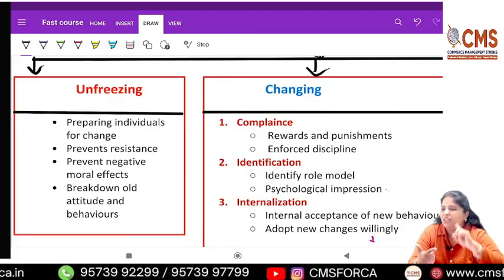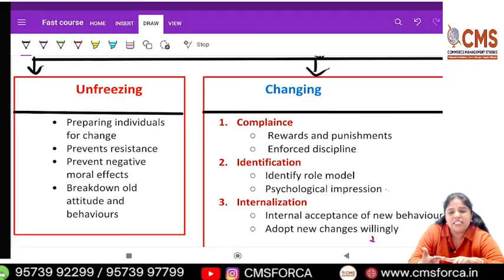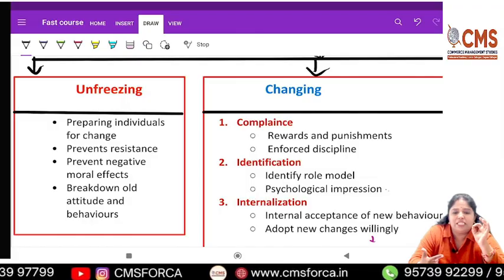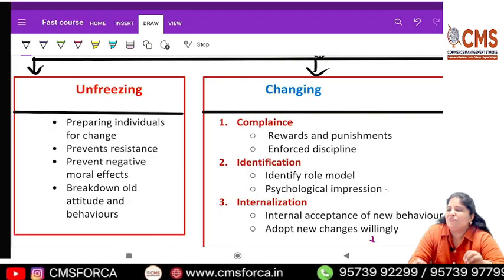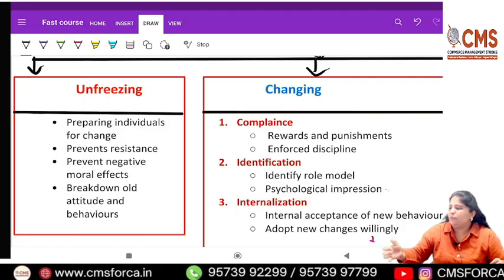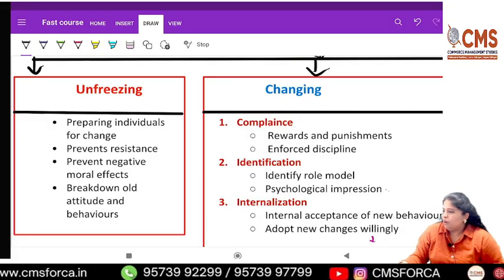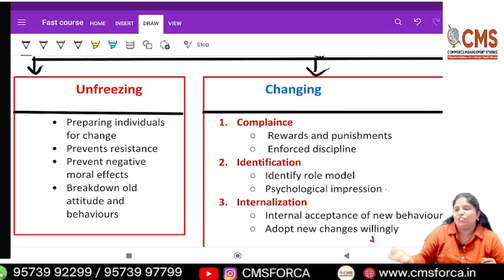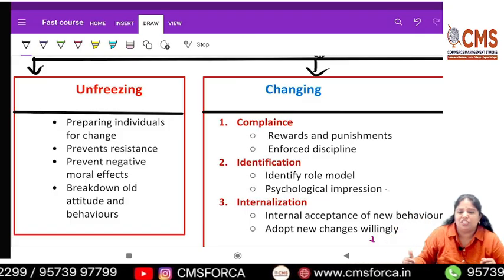They don't have any information about what the change is. They don't have information about why the change is done. They don't have any knowledge about the benefits of the change. You are telling me to use new software from tomorrow, but I should know why I should use it, in what way it's beneficial to the organization, and in what way it's beneficial to me.